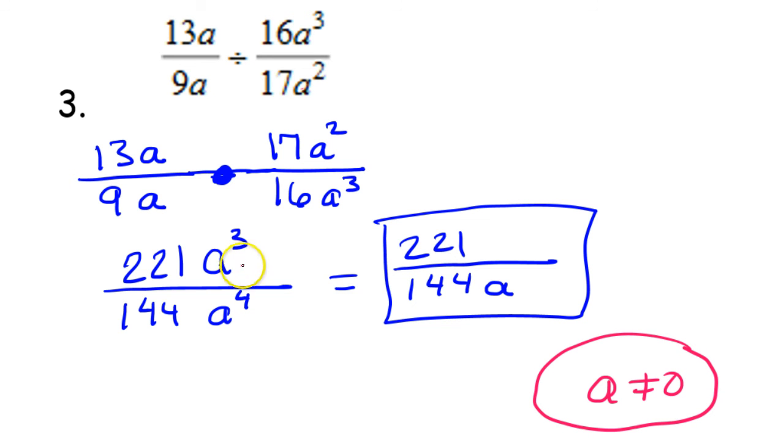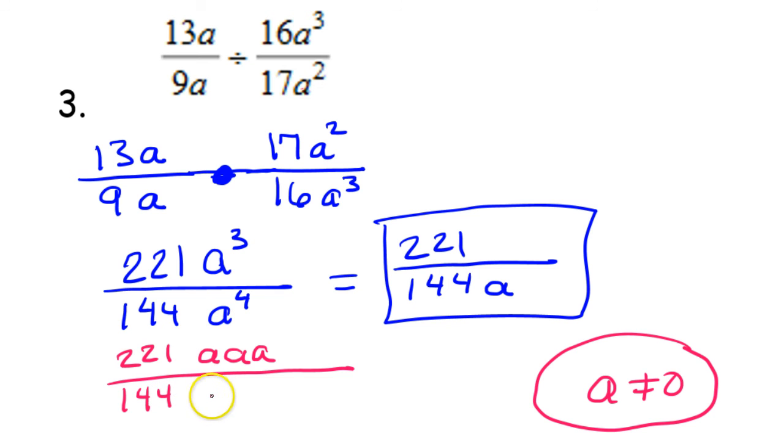Okay, now to be clear about what just happened and why I got a single a in the denominator, I had this 221. A to the third power is the same thing as having a times a times a. And then I had this 144. A to the fourth power is the same thing as having a times a times a times a.